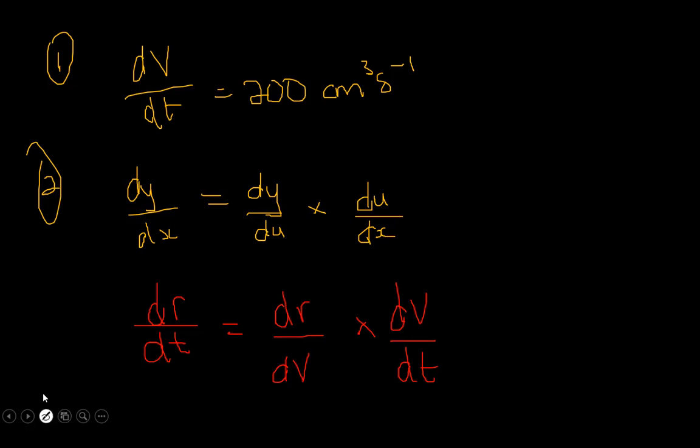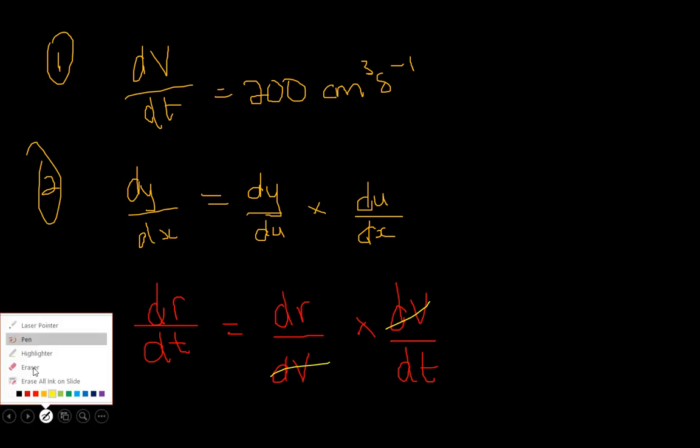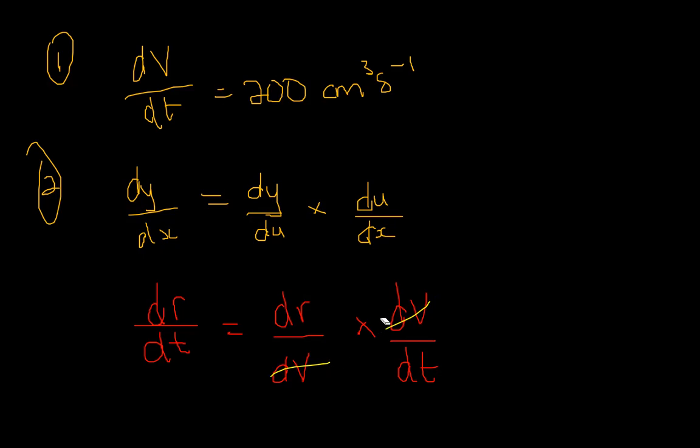Just a way to remember it. These two should, in a sense, cancel to give me what I want, which is dr on dt. So now I know that I have this already, right? They gave me this. So what I need to do is find this right here in order to find dr on dt.